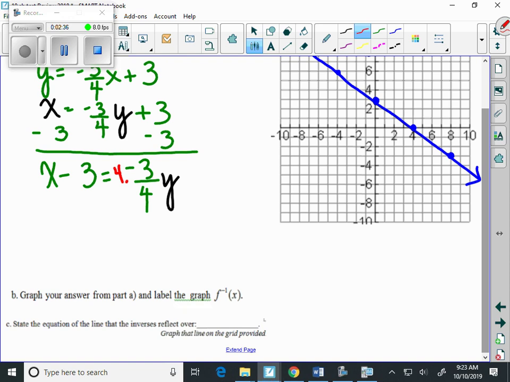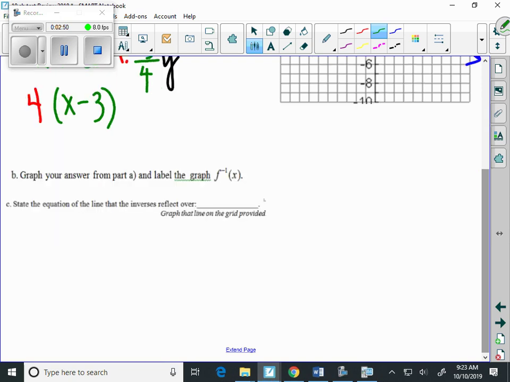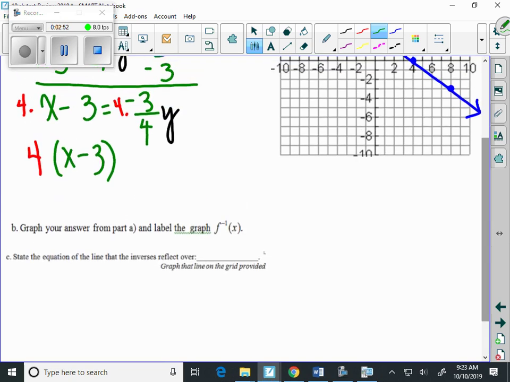If we multiply the right side of the equation by 4, we have to multiply the left side by 4. In fact, we're going to multiply the entire left side by 4. What happens when we multiply the right side by 4, and the reason that we do it, is that these 4s cancel out, and we end up with negative 3y.